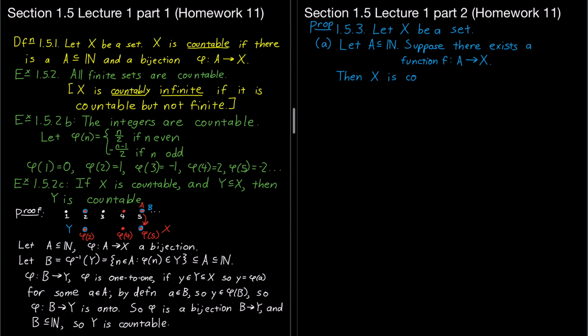So what we're assuming is that this function f exists. It doesn't always exist. There are uncountable sets for which no such function f exists, but if f exists, then X is countable. And in fact, you don't have to have your domain be a subset of the natural numbers. Any countable set will do.